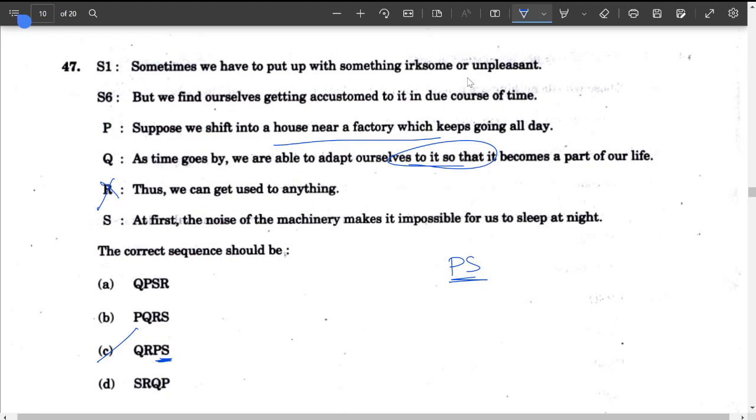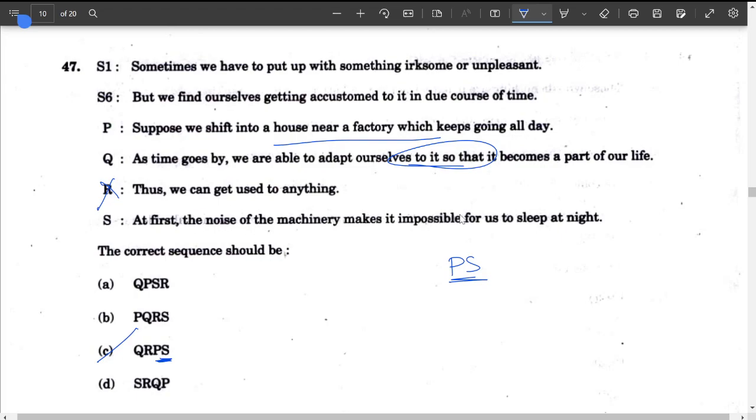Sometimes you have to put up with something irksome or unpleasant. As time goes by, we are able to adapt ourselves to it so that it becomes part of our life. Thus, we can get used to anything. Suppose we shift into a house near a factory which keeps going all day.